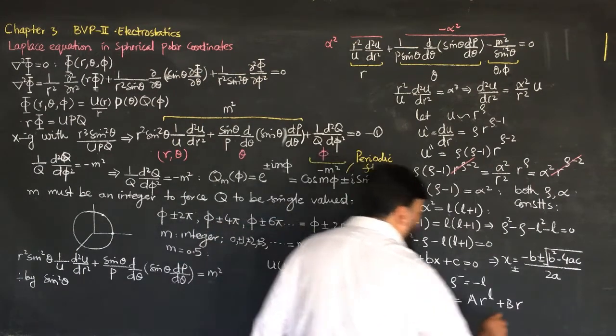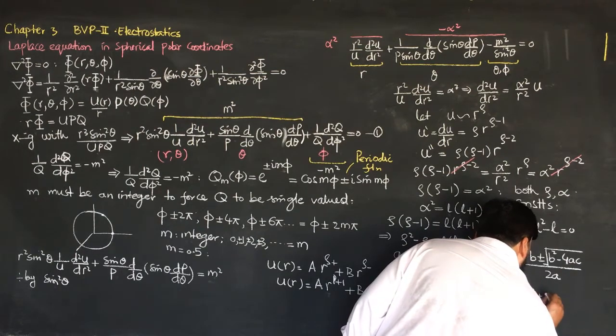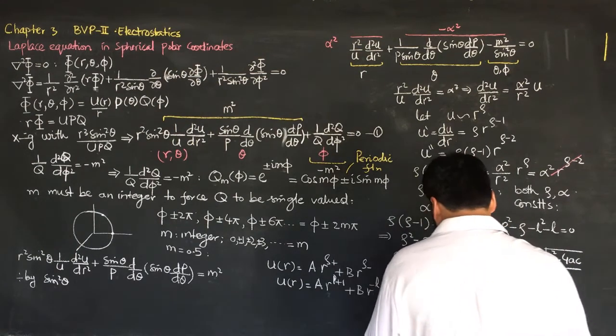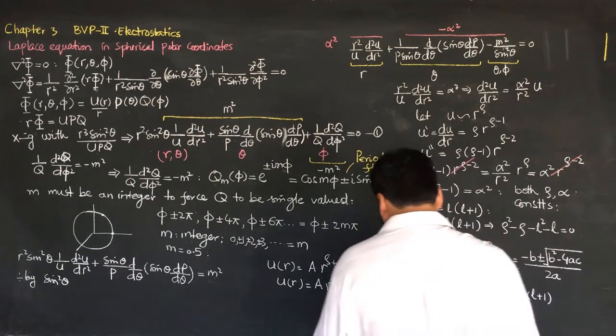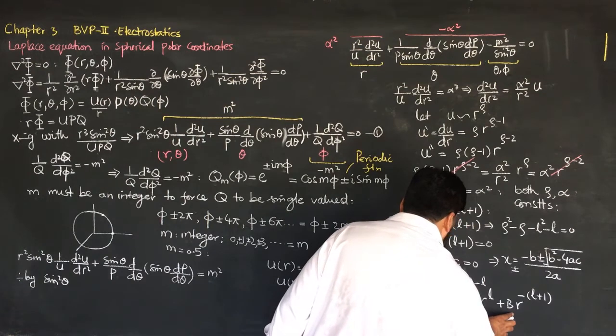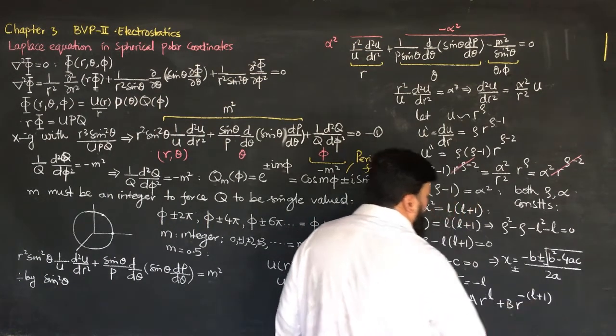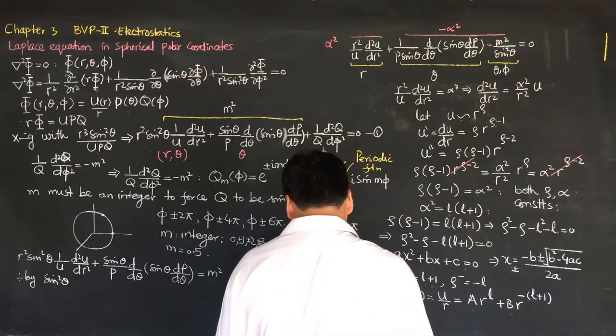The r will go up, so this will be minus L plus 1. This will be the solution to our radial dependent function potential, where L is yet an undetermined constant.